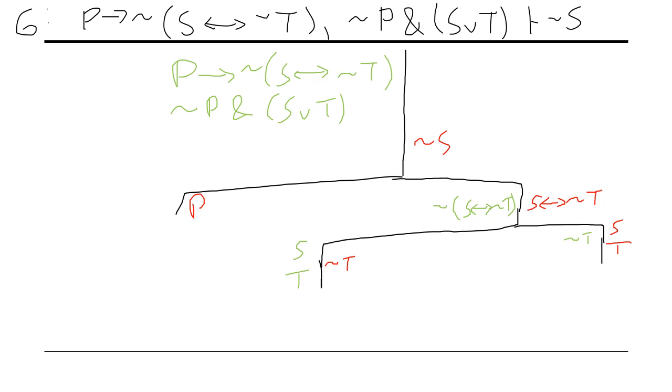And then we just want to do this next one. Main operator here is an ampersand, so we gotta stack these down. P, S or T, P, S or T, P, S or T. Flip this P across to get rid of the tilde.